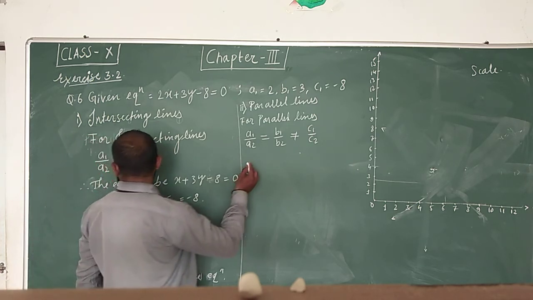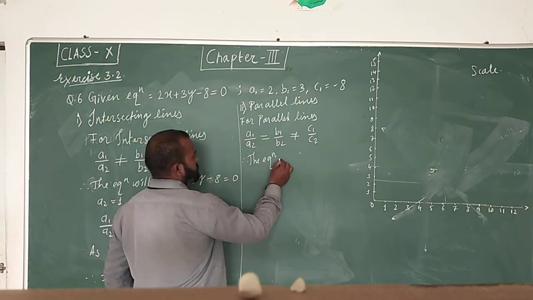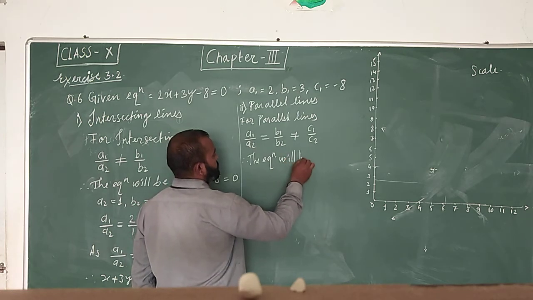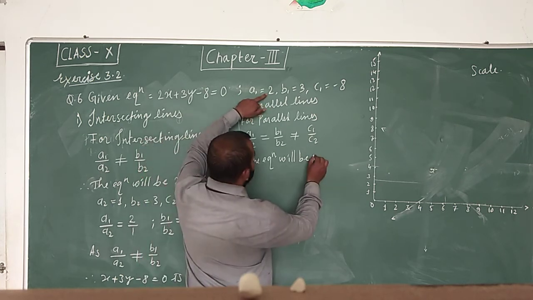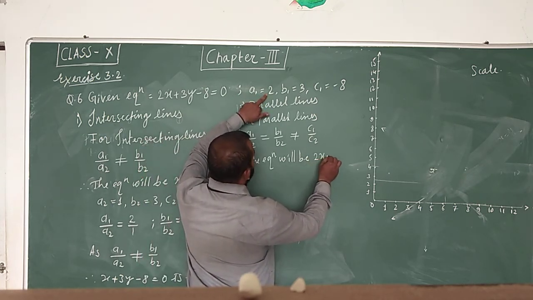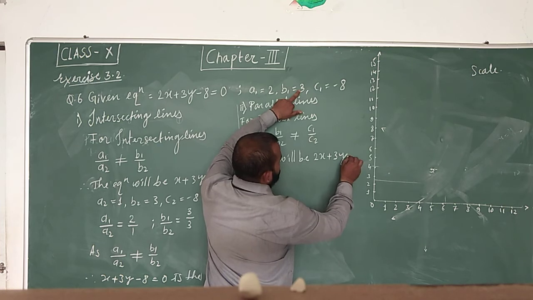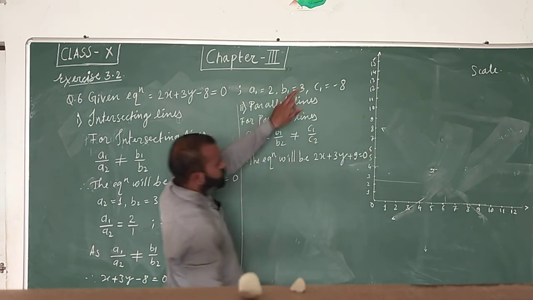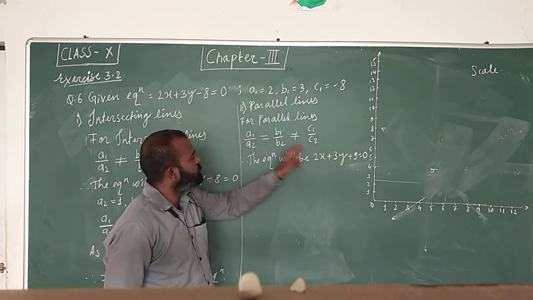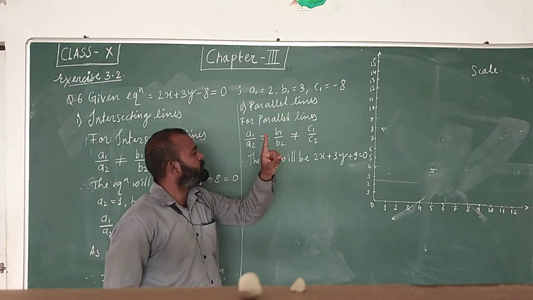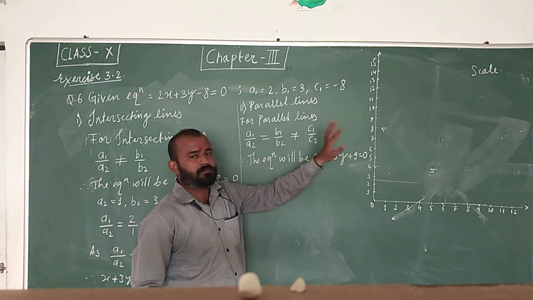So the equation will be, यहाँ 2 है, so I will here write 2x plus यहाँ 3 है तो यहाँ पे मैं 3y लिखता हूँ और c1 तो ये सेम रहेगा, plus 9 equals to 0. 2 by 2 is 1, 3 by 3 is 1, means a1 upon a2 is equal to b1 upon b2, minus 8 upon 9, not equal.